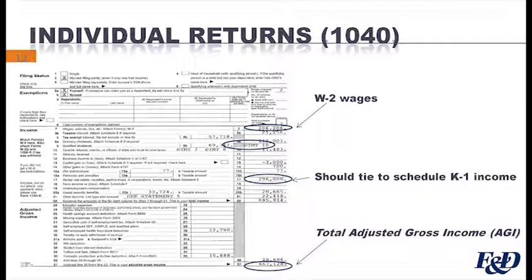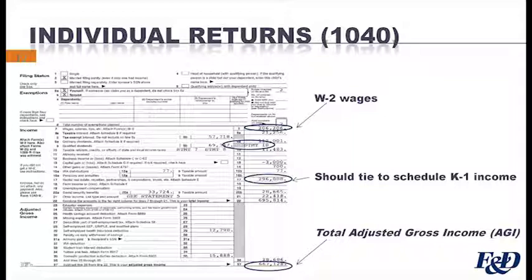Qualified dividends listed on line 9B. All these amounts would be reported to the individual in the form of a 1099 received by the investment company which holds the funds. Line 10 is an item I typically get a lot of questions on.